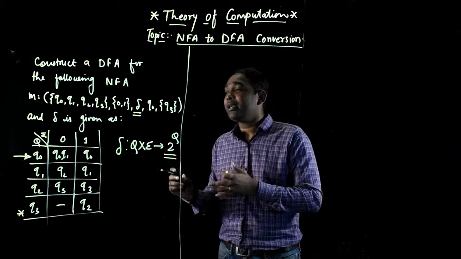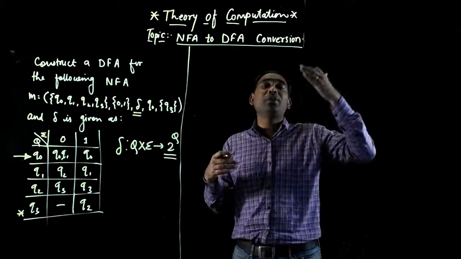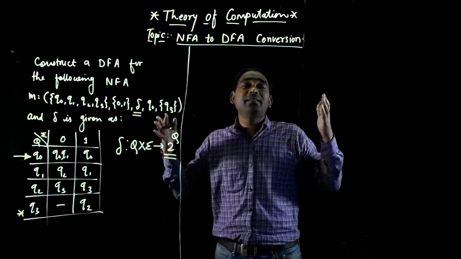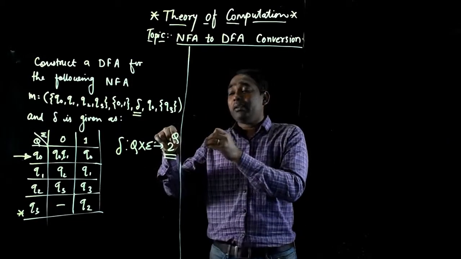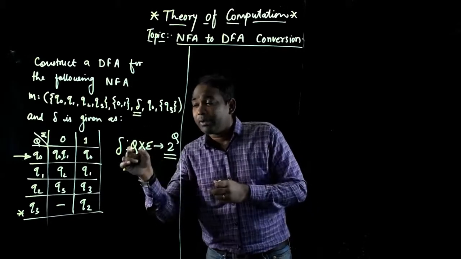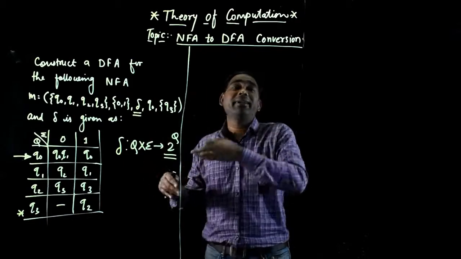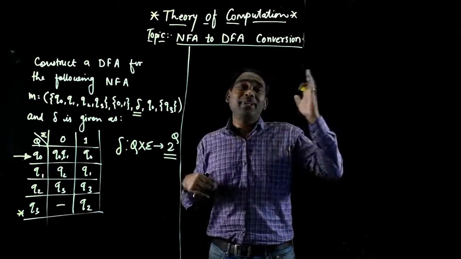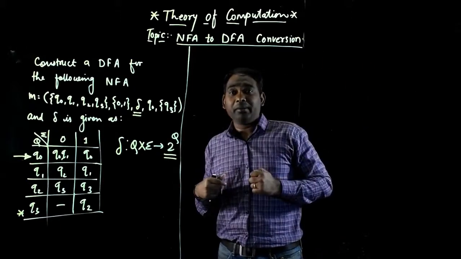If you are having 4 states, 2 raised to 4 means it will generate 16 different states. So from one state on one input symbol, your machine may take multiple transitions, and it may start from 0 to 15.